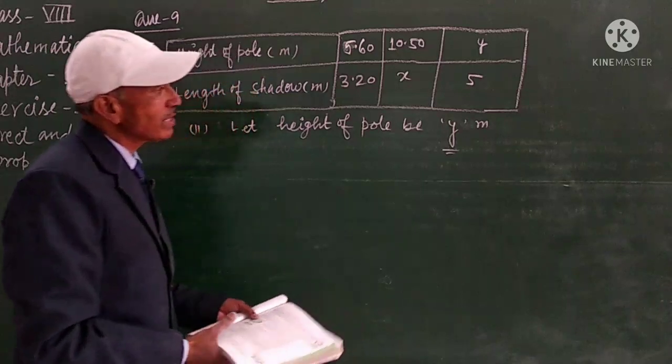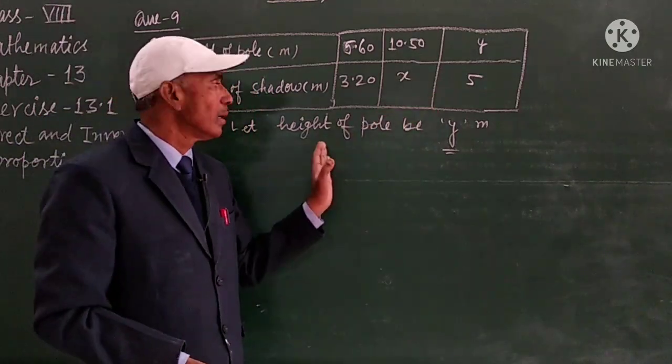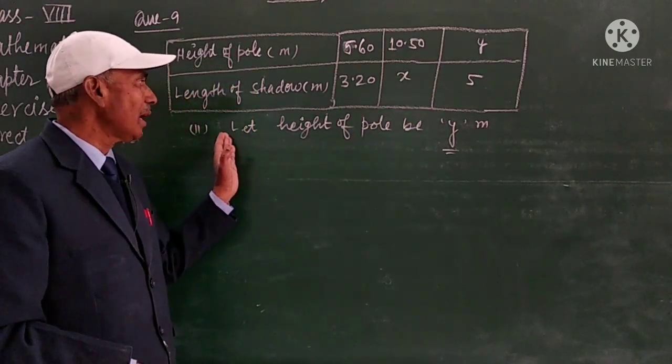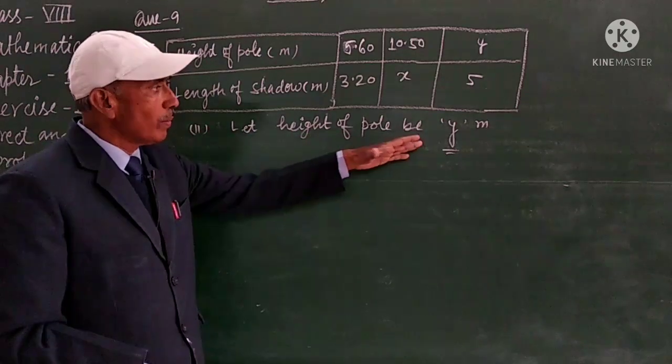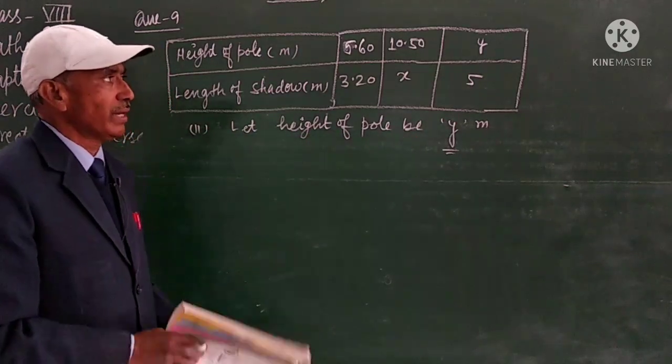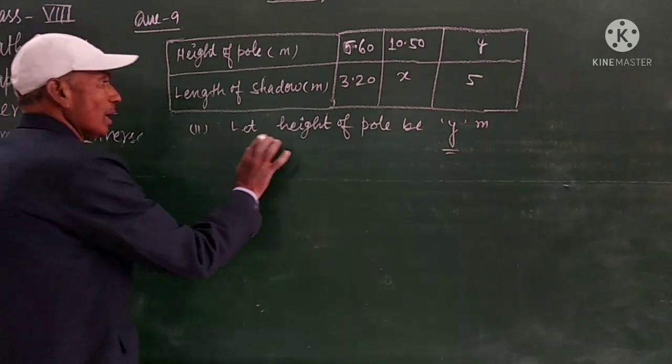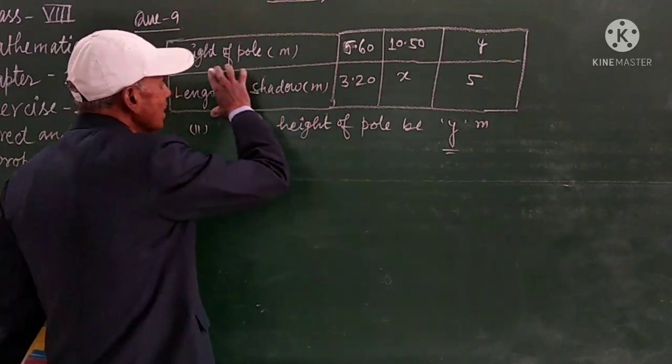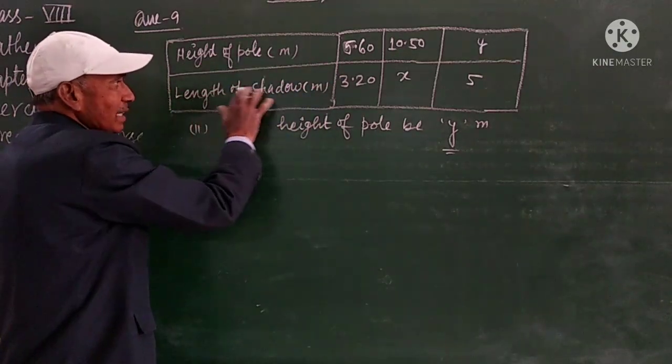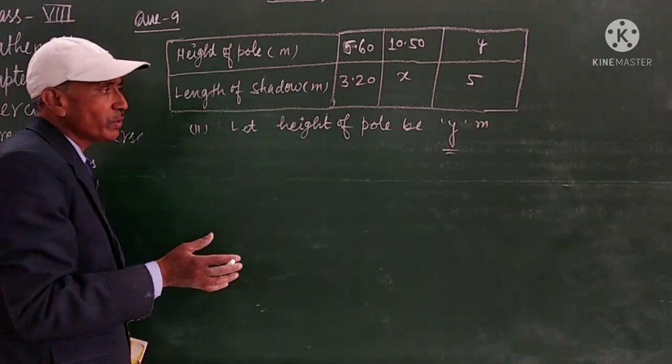When the length of the shadow is 5 meter, at that time the height of pole be y meter. So we know that the height of pole and length of shadow are directly proportional to each other, students.